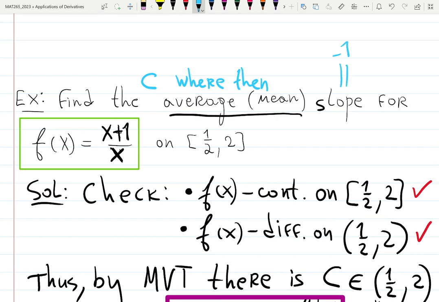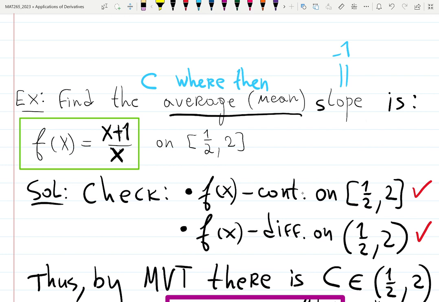Slope was -1, so that's not the same thing. And C became 1. C is not the same as -1. C is when it's happening, what moment of time, for example. So find C where the average mean slope is, and then for the given function, I will do it like this. Kind of bad English here.